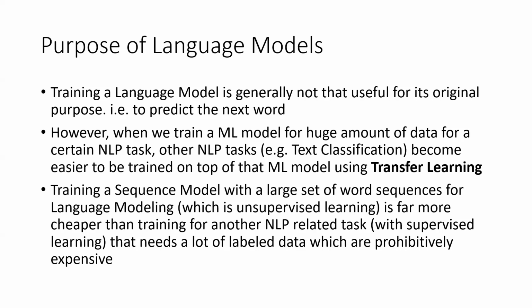For supervised machine learning, if you want to do some classification, you need to have labels. For example, if it is a sentiment classification, you need a labeled data set where the sentiment is positive or negative. If you want to do some summarization, you have to have some text and their summaries as their x and y parameters, like the independent variables and the dependent variable, which is the label, right?